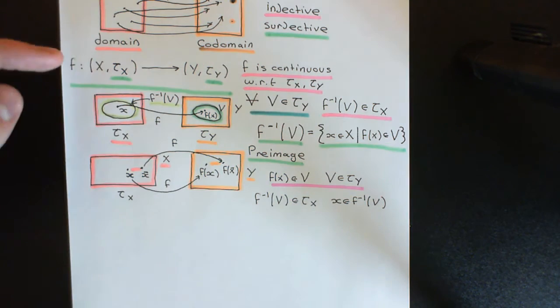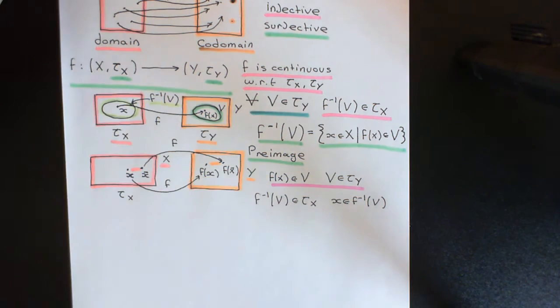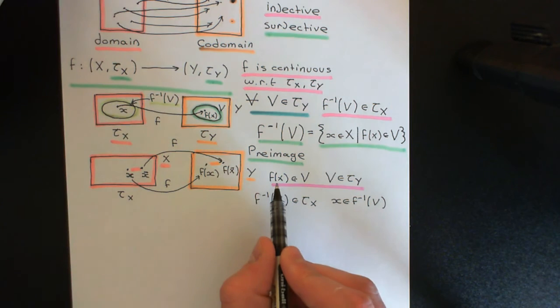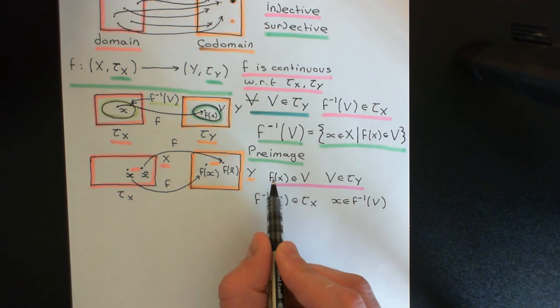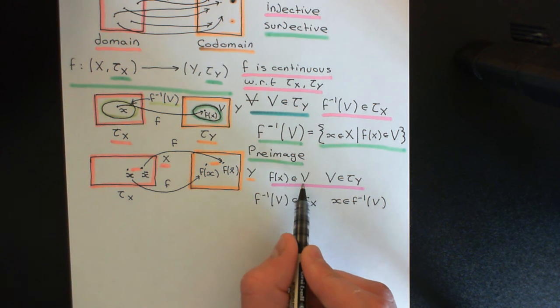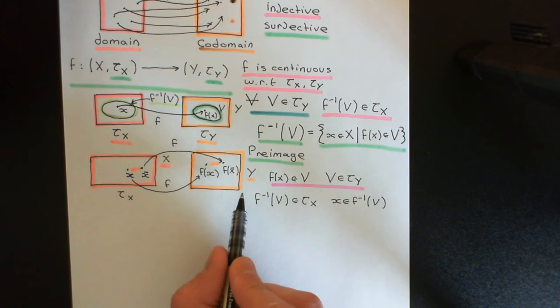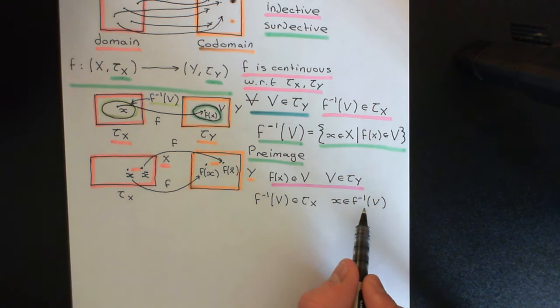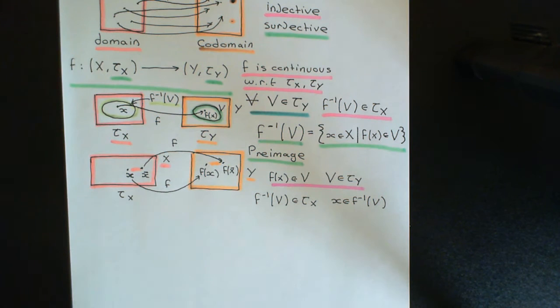I'm sorry, I keep moving between terminology. Pre-image and inverse image, they're the same thing. So if f of x is in the open set V, which is an open set in Y, then of course x is going to be in the pre-image of that open set in the set capital X.